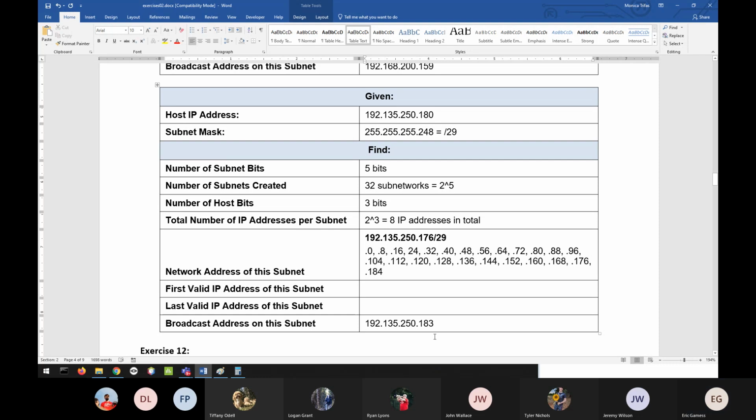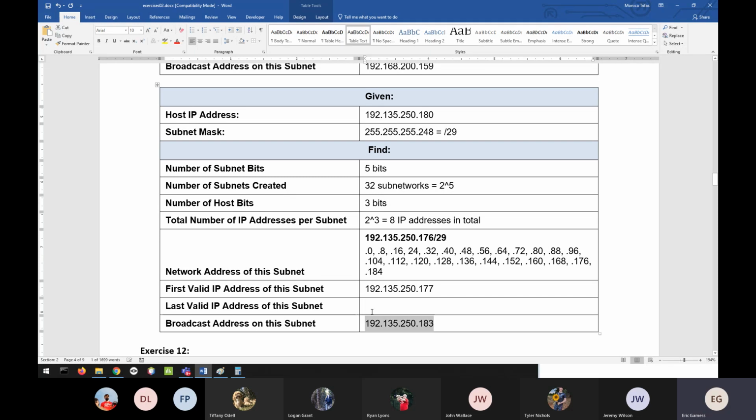Okay? So what is the first valid IP address? One IP address after 176 will be what? 177. What is the last valid IP address?